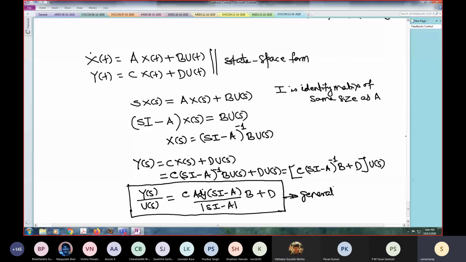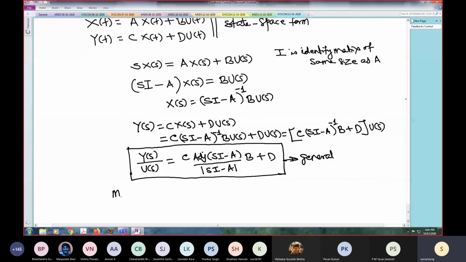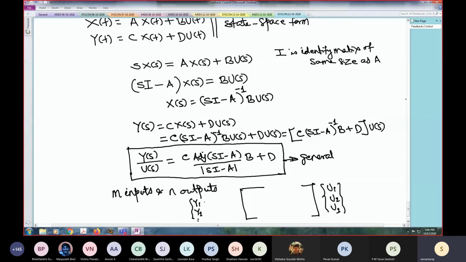So if there are m inputs and n outputs, then you will have a matrix relating u1, u2, u3 and so on to y1, y2 and so on.